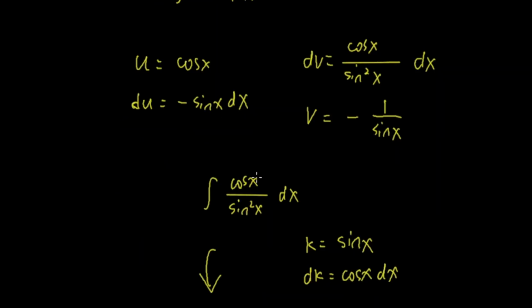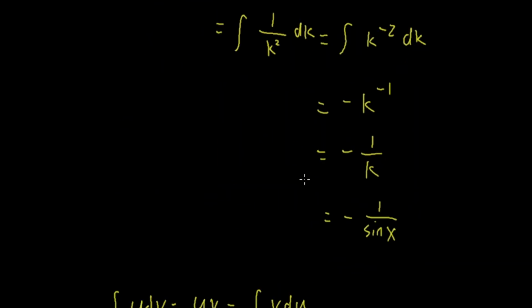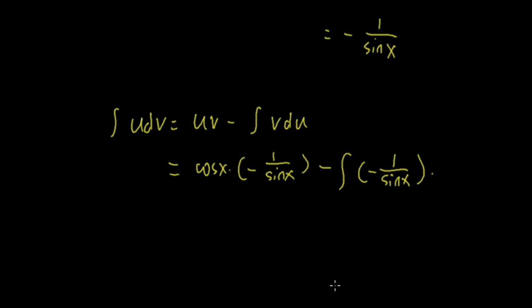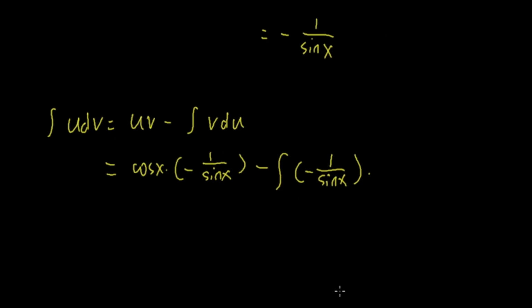And du is negative sine x dx. Okay, so this is negative cosine x over sine x.